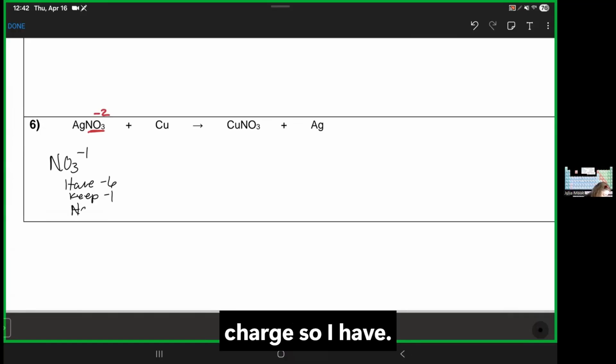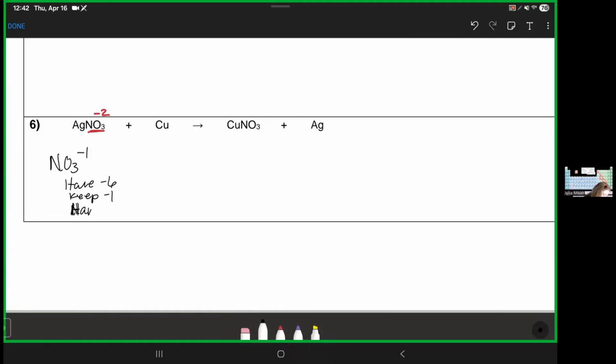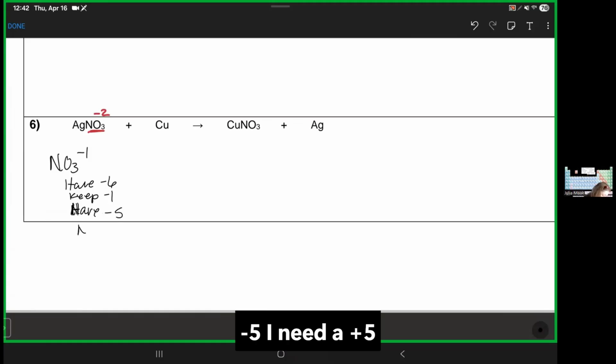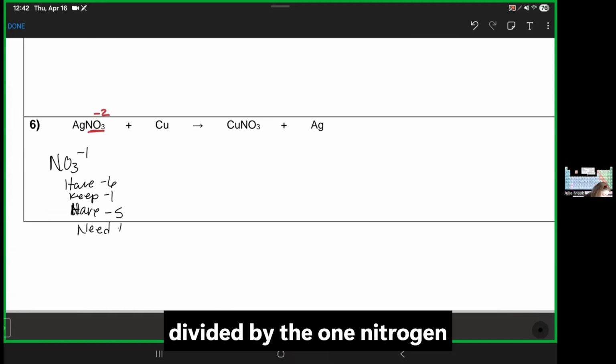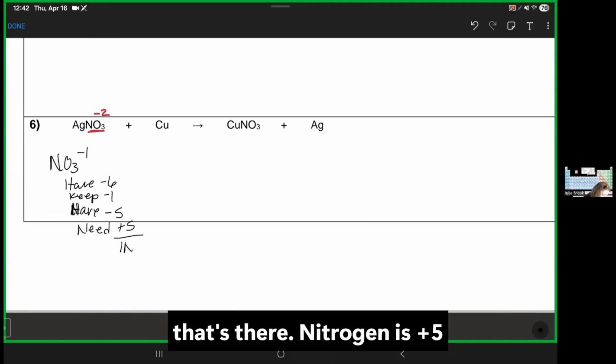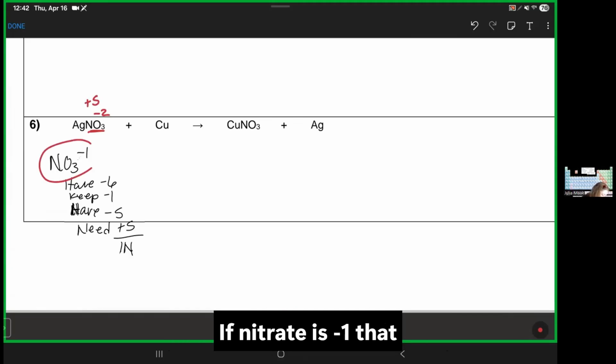So I have -5. I need a +5 divided by the 1 nitrogen that's there. Nitrogen is +5. And we know silver nitrate, if nitrate is -1, that silver has to be a +1.